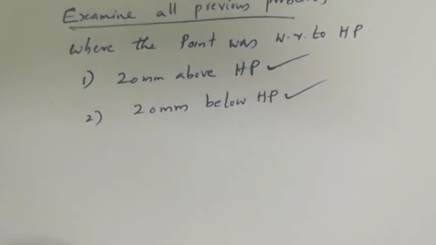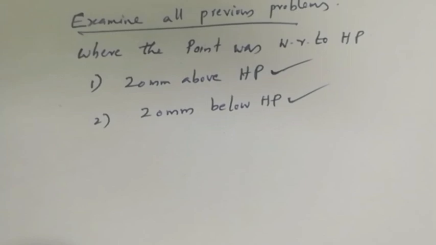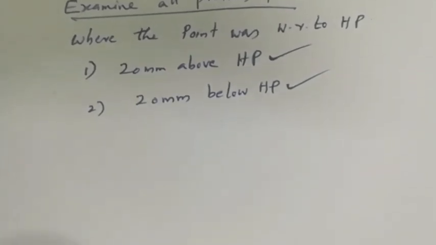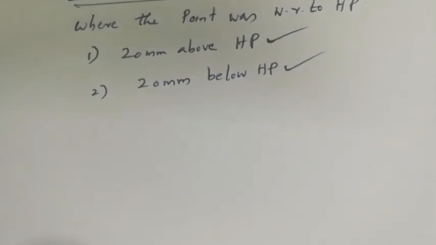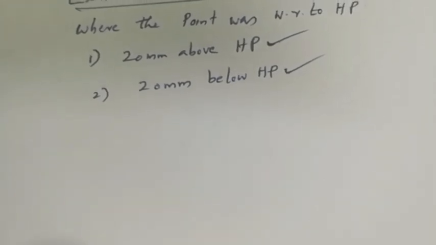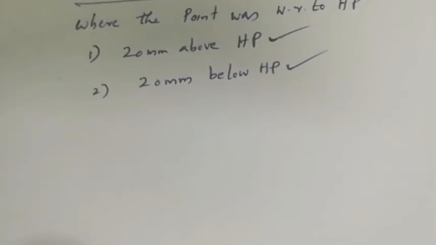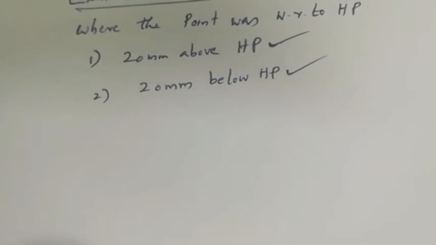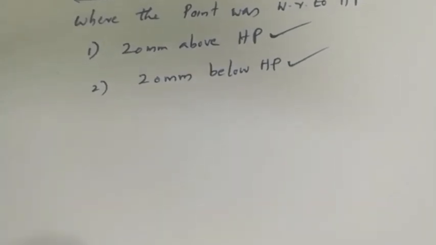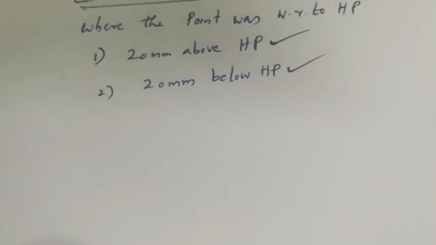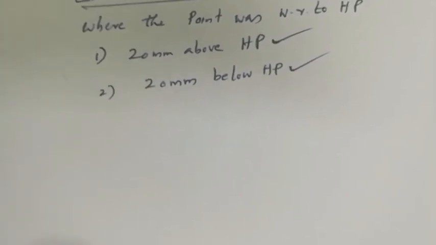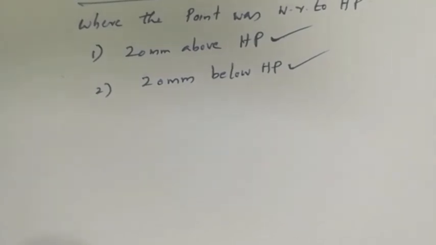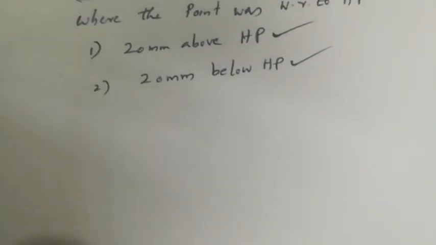So in short, we can say that if the point is above HP, front view will be above XY line. If the point is below HP, front view will be below XY line, depending upon how much above and how much below. If it is 20 mm above HP, it will be 20 mm above XY line. If it is 20 mm below HP, it will be 20 mm below XY line.